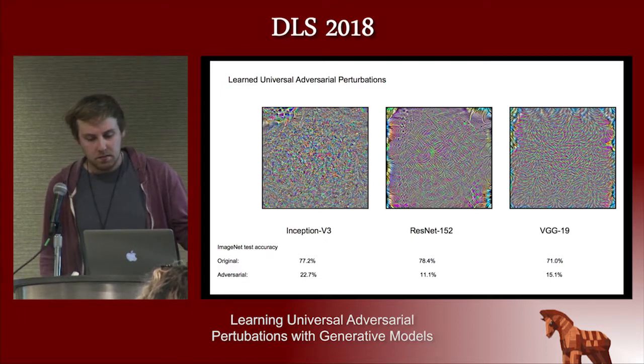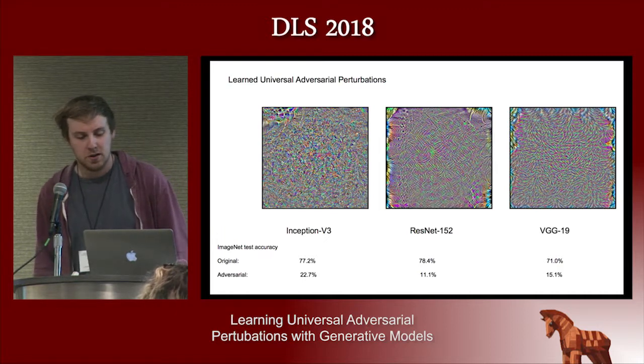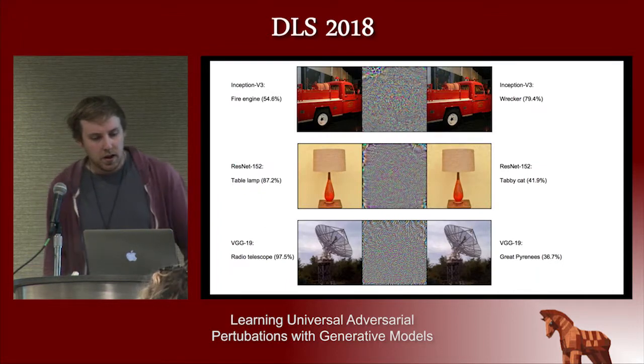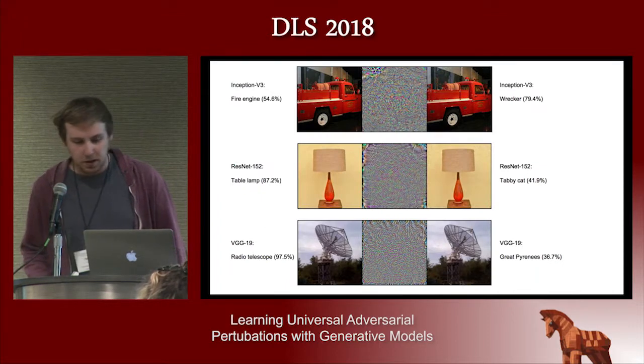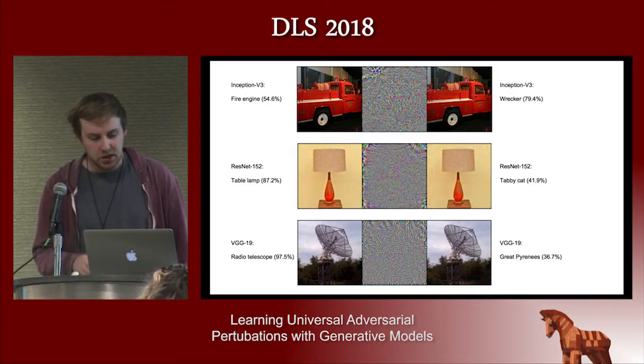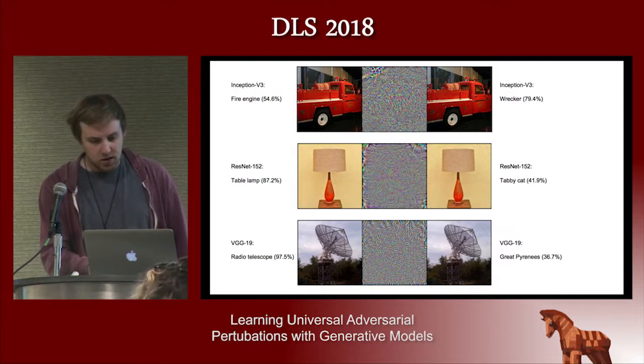You can see that the target model is about 50 to 60% worse at classifying these adversarial examples. And these are just some other pretty pictures. You can see that ResNet misclassifies this table lamp as a cat, and VGG, for example, classifies this radio telescope now as a breed of dog.